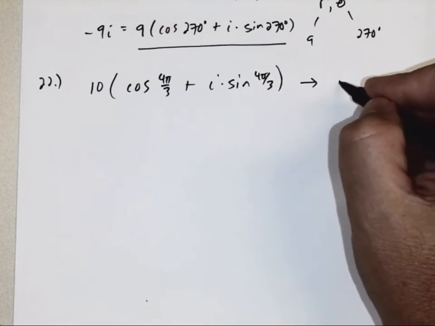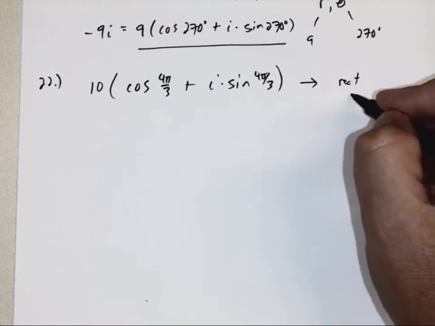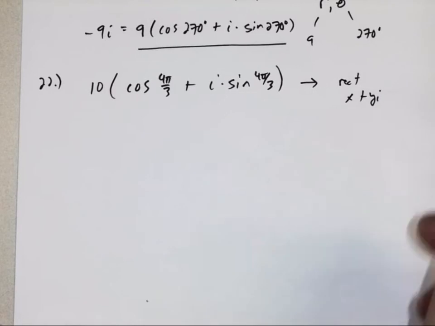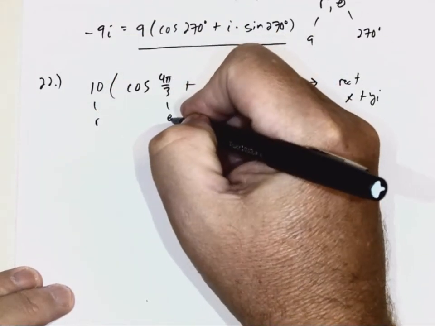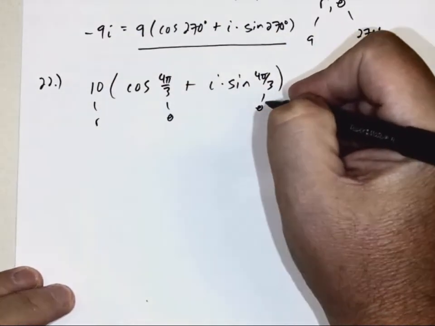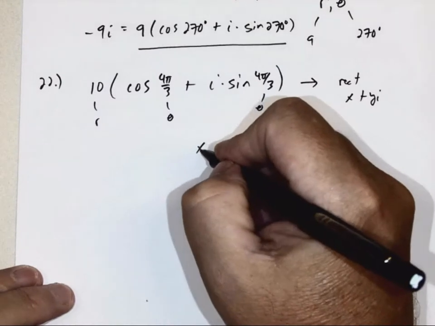And they want us to know what is this in rectangular coordinates. Well, this is actually pretty simple because, of course, this is my r, and there's my theta.